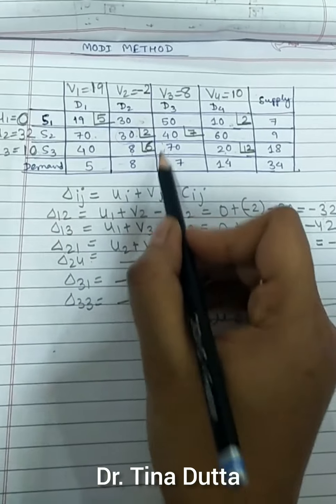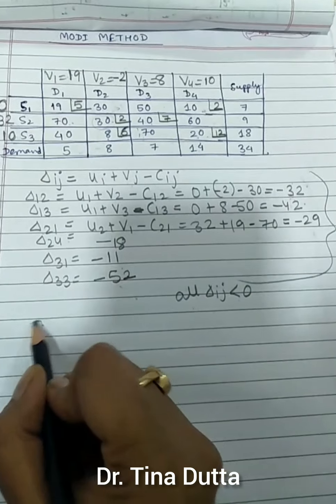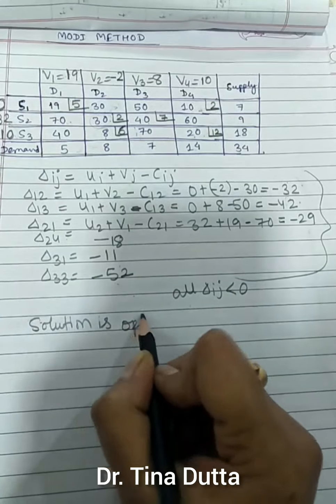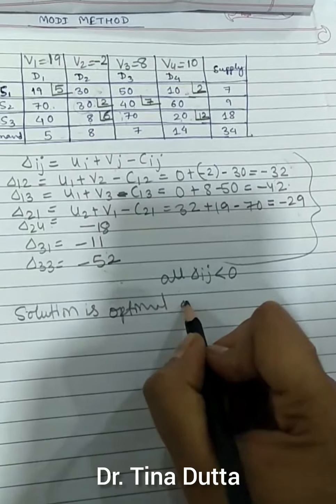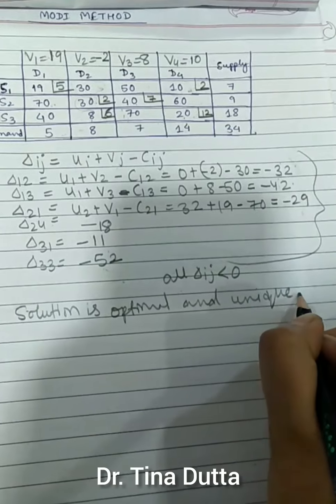So if we calculate the total transportation cost, first the conclusion is the solution is optimal and unique.